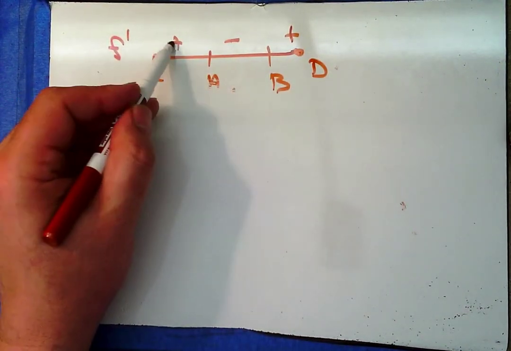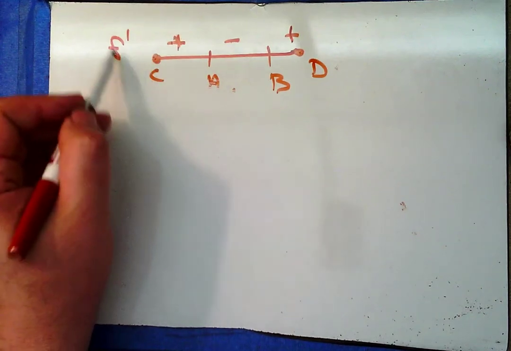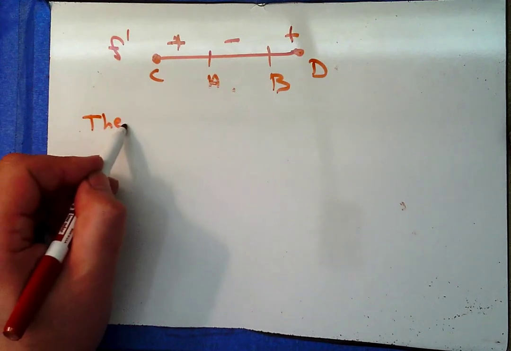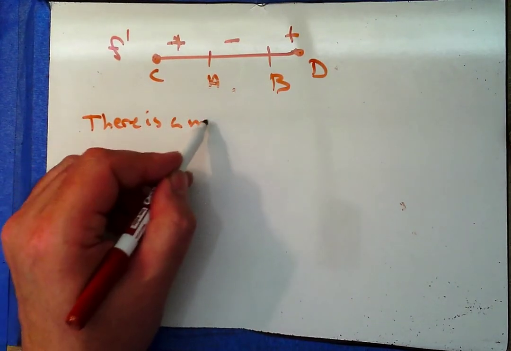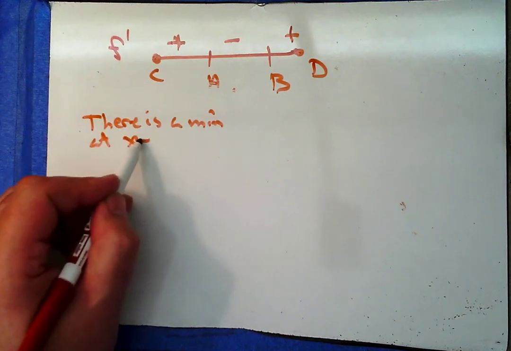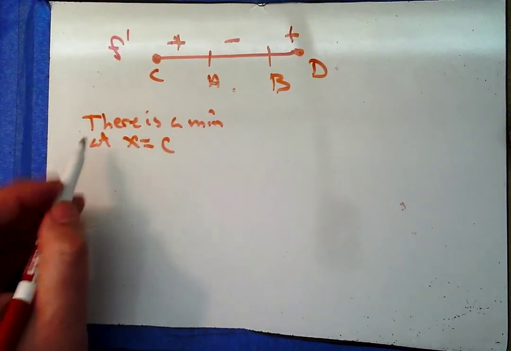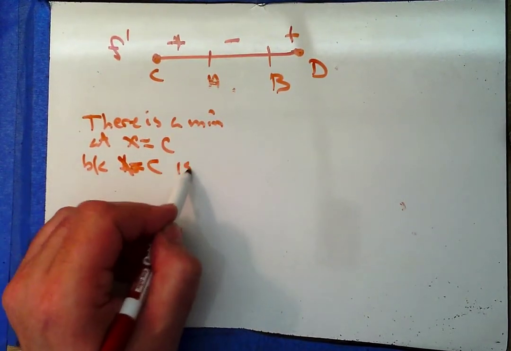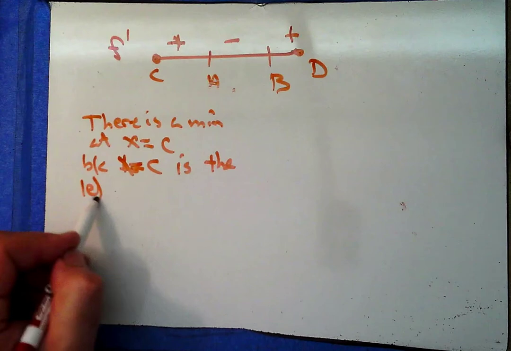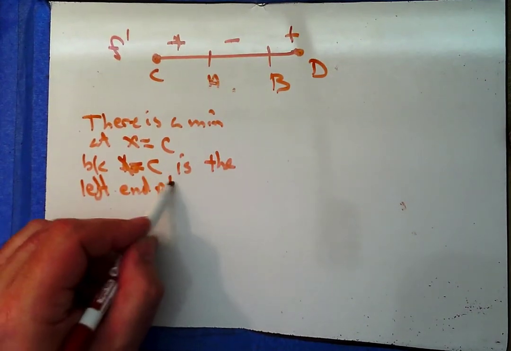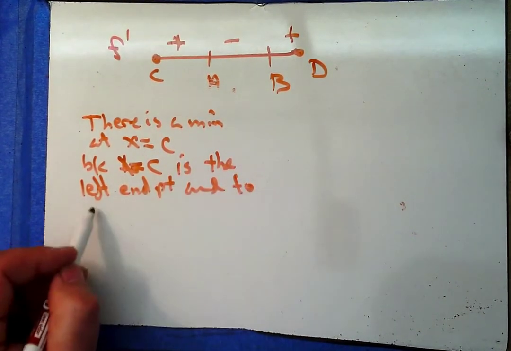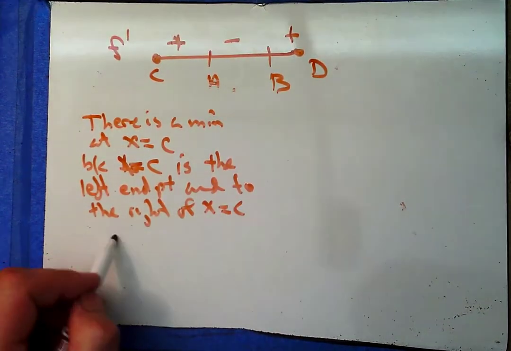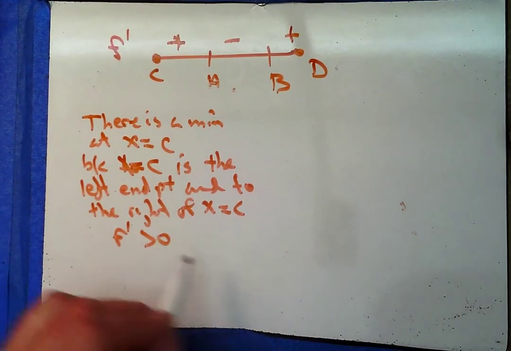From this point, my function is increasing, is what I learned from this. And so I know that there is a min at x equals c, because x equals c is the left endpoint, and to the right of x equals c, f prime is greater than 0.